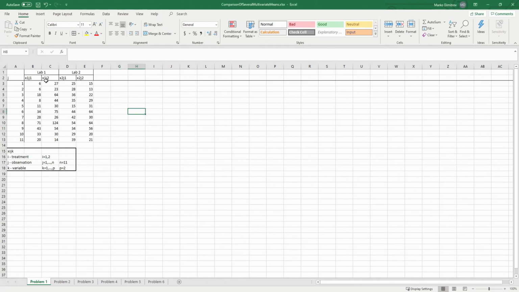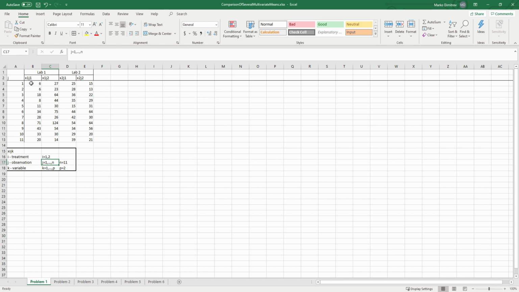Okay, say that we have this data, the treatments from lab 1 and laboratory 2, where we have these variables, the first one and the second one. We have two variables and two treatments. So our first subscript can take values 1 or 2.